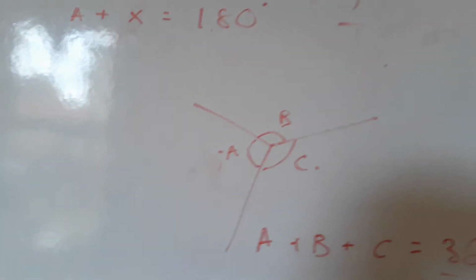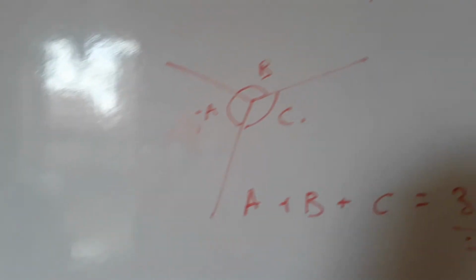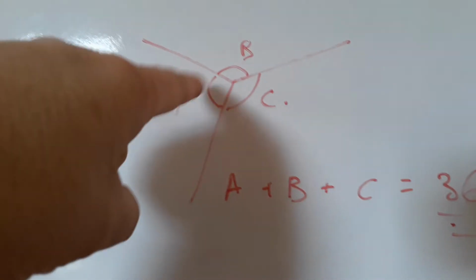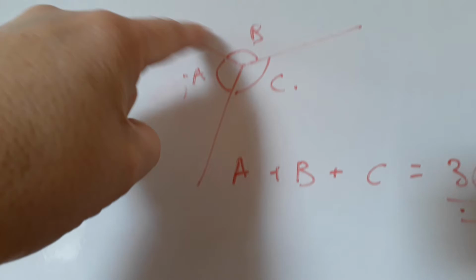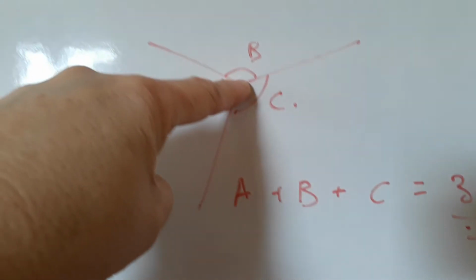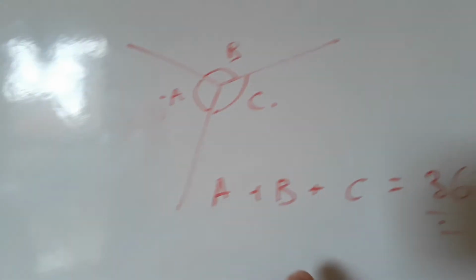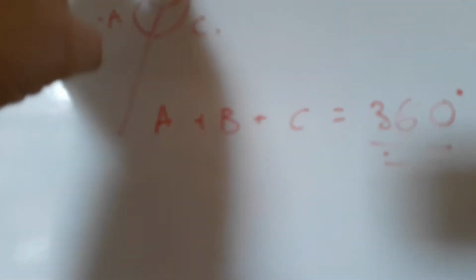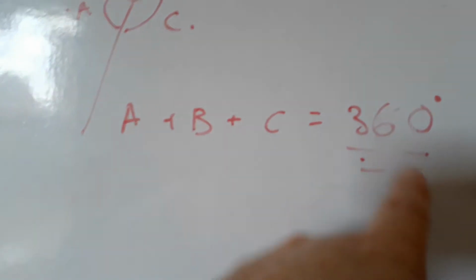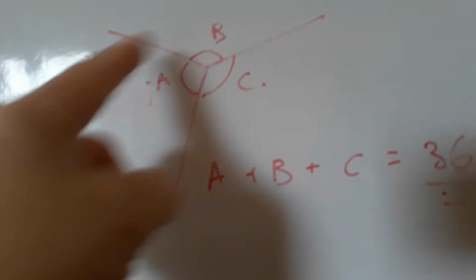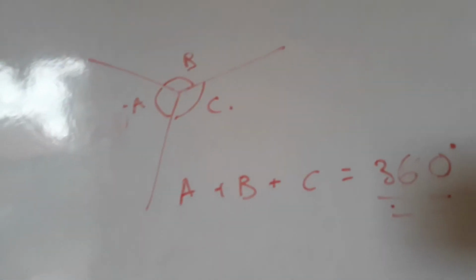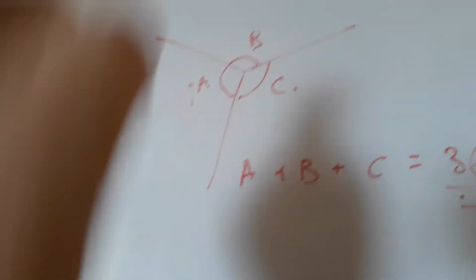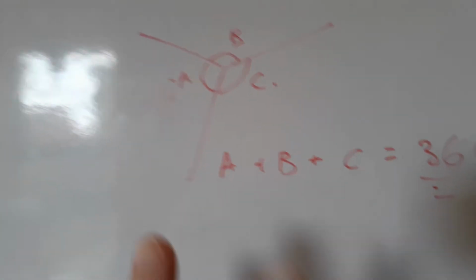Anyway, we're moving on to this one. If you're working at any of these points, remember that if there are angles around a point, the whole thing should add up to 360 degrees.